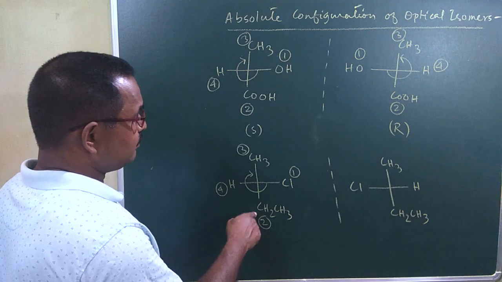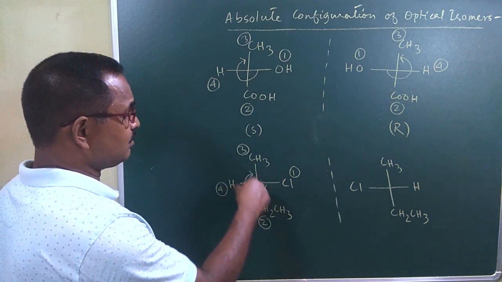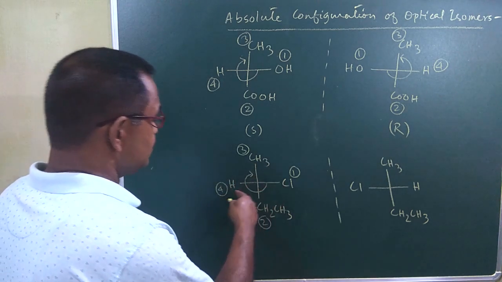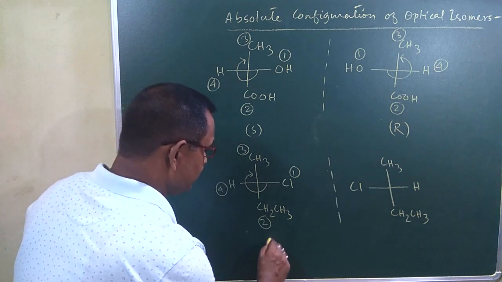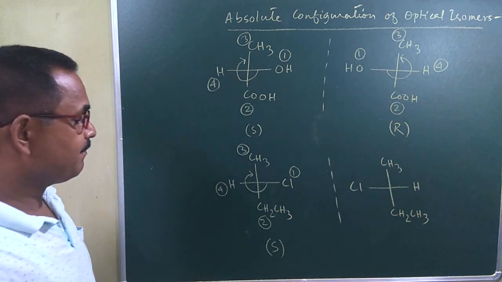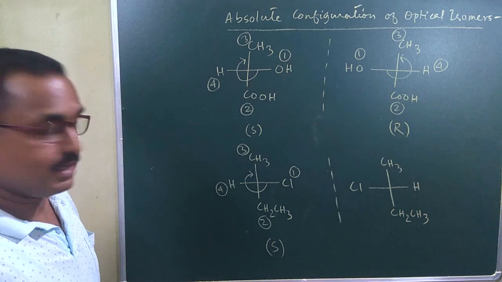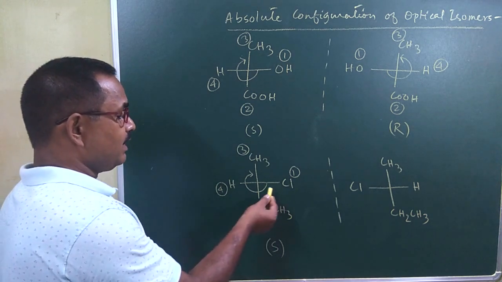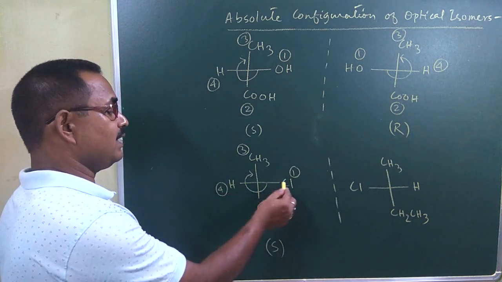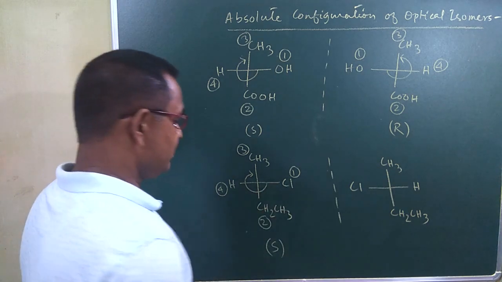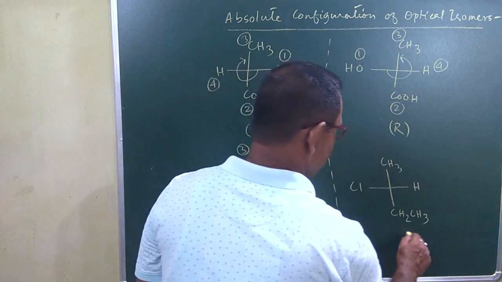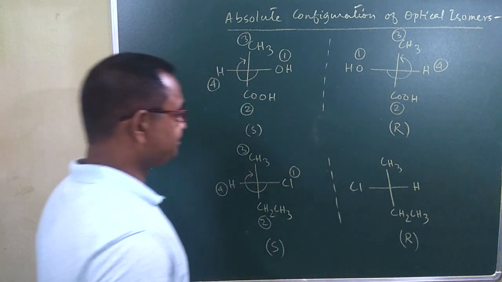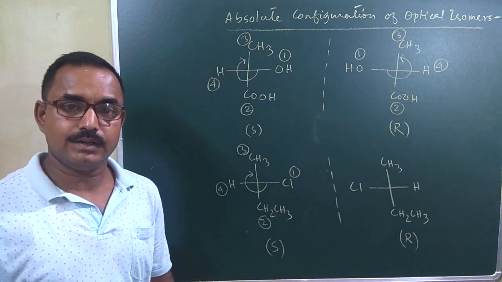So the configuration will be S. Why S? Because lowest priority lies on horizontal line. If this is S, this will be R. Okay.